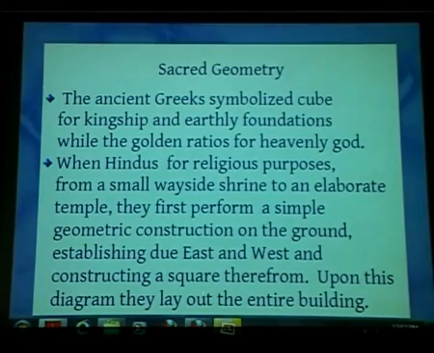The golden ratio is the ratio between the sum of two numbers and the bigger number.